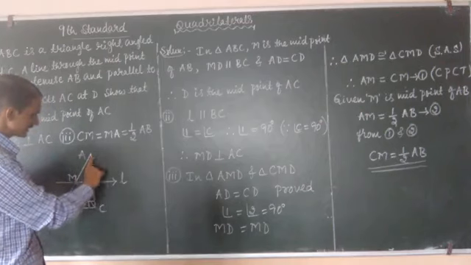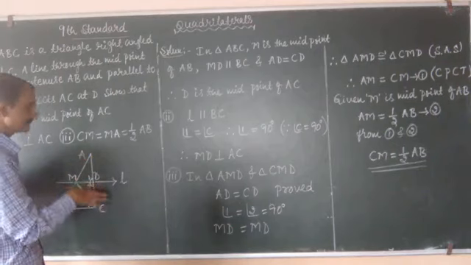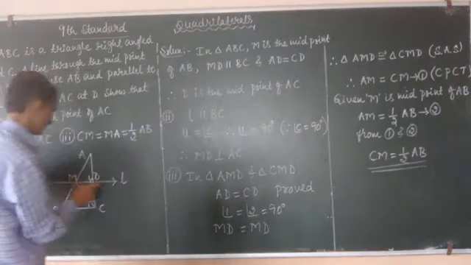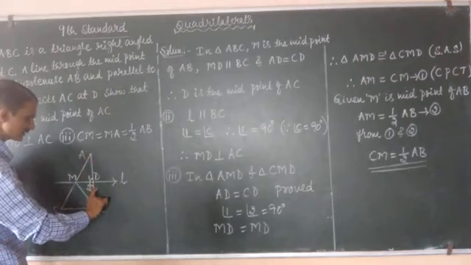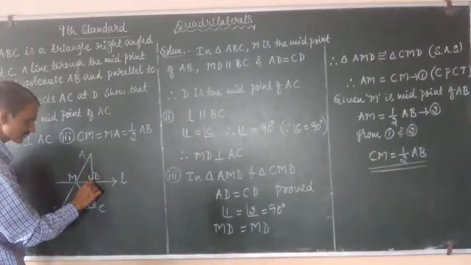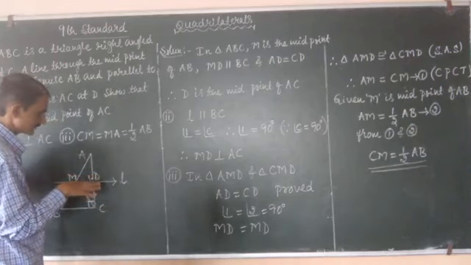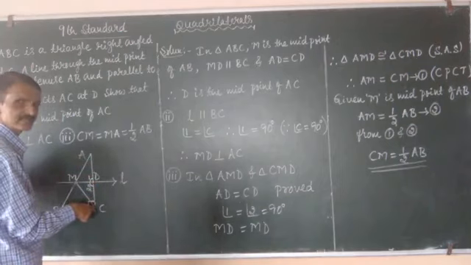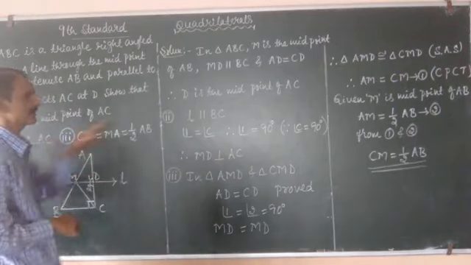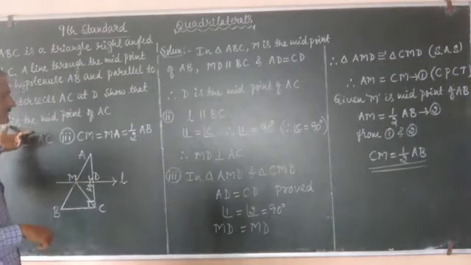From this data, MD is parallel to BC and AD is equal to DC, this happens only when D is the midpoint of AC. This is the proof of the first one.